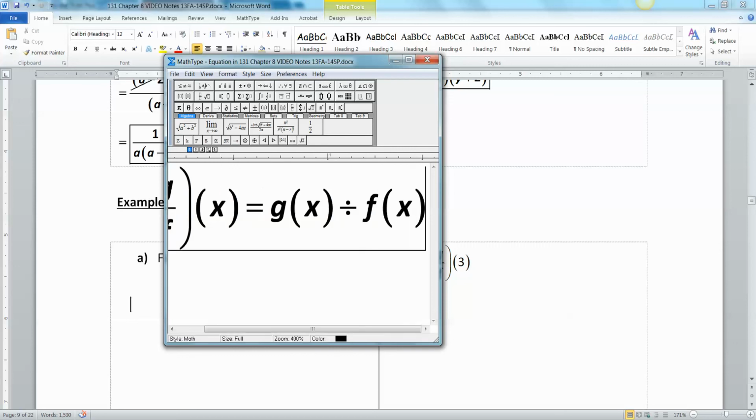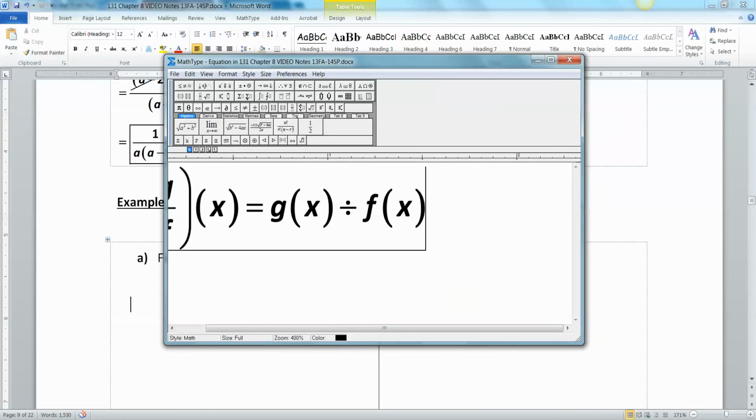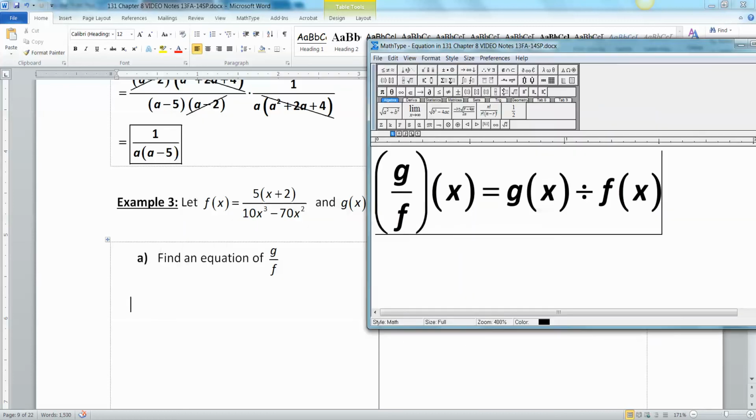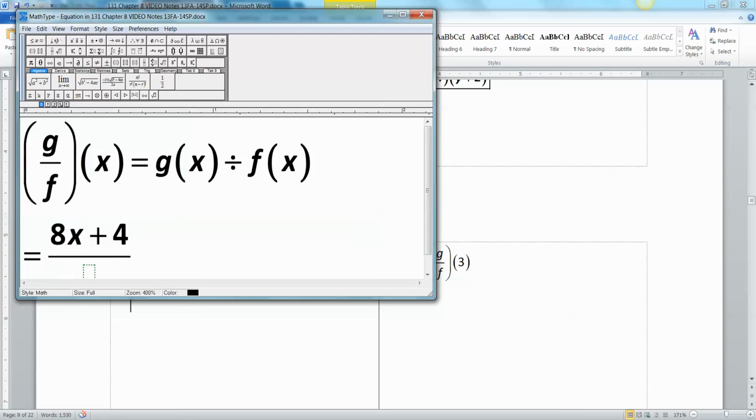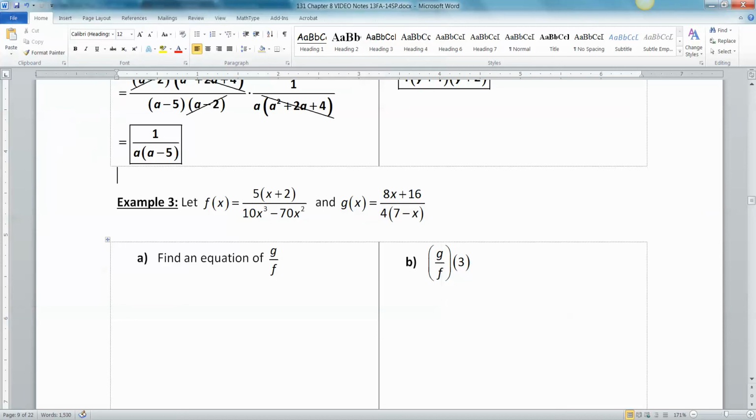f of x. Okay, well, g of x is the equation that's on the right, which was 8x plus 16 over 4 times, what was that? 7 minus x.